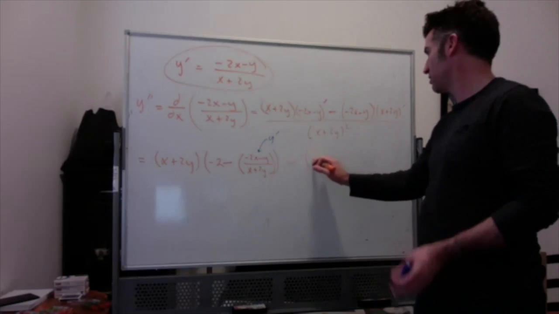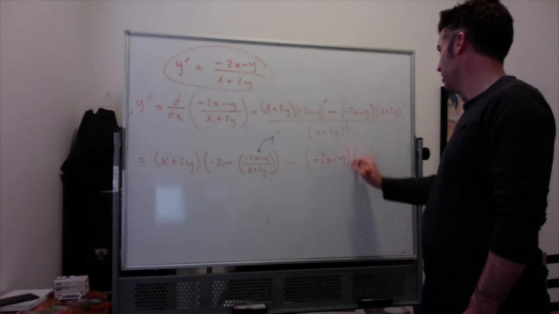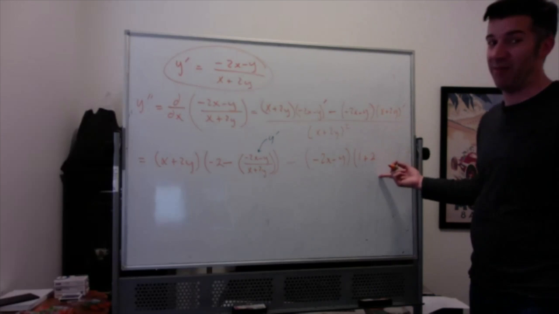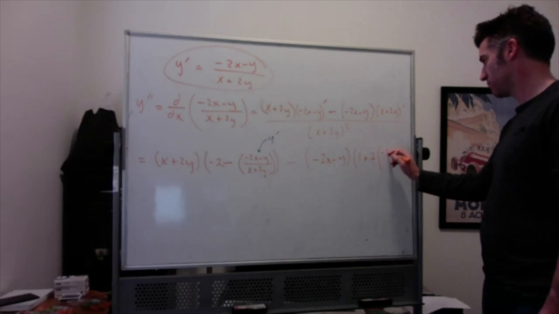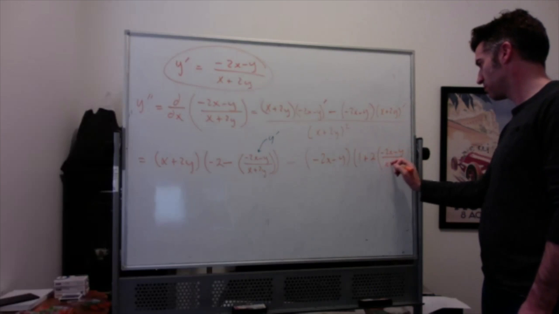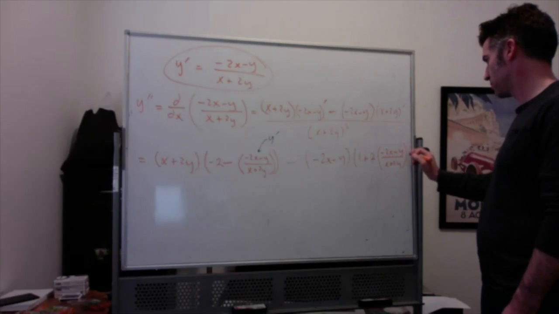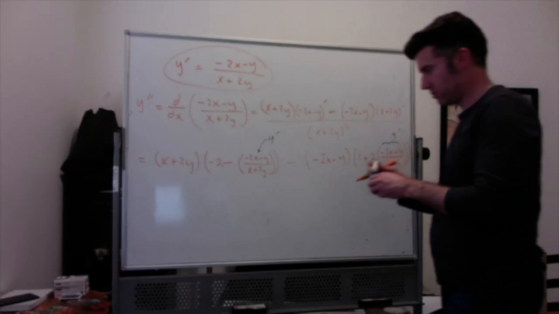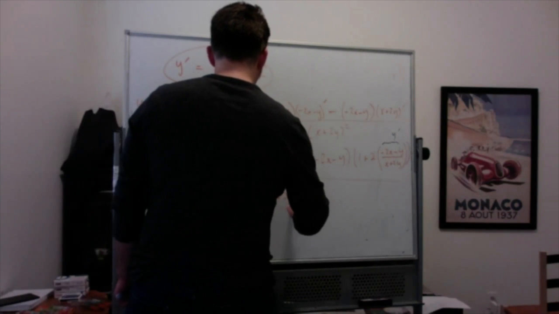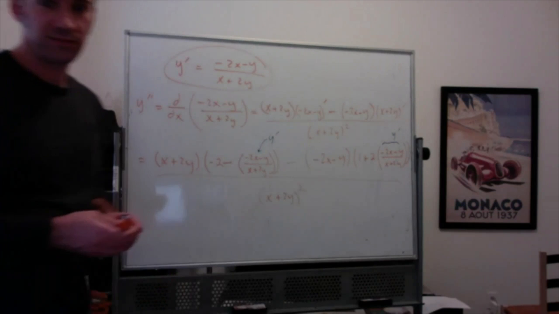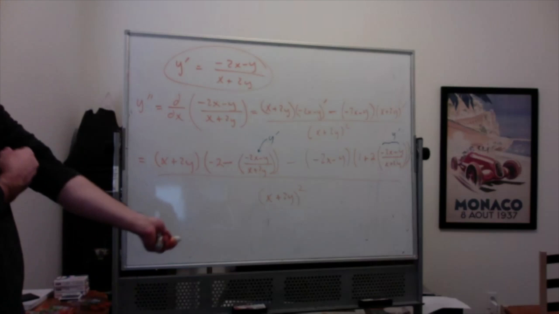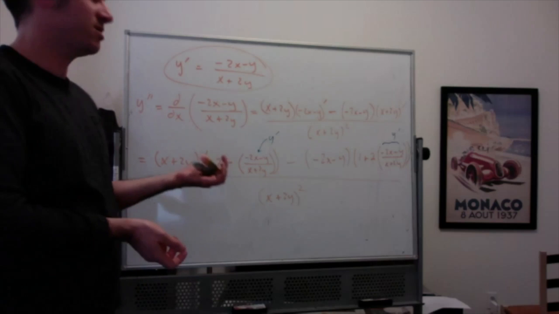Minus negative 2x minus y times the derivative of x plus 2y, which is 1 plus 2 y prime, all over x plus 2y. So that's your second derivative. And then typically there's probably some simplification we can do, but it's just so gross.